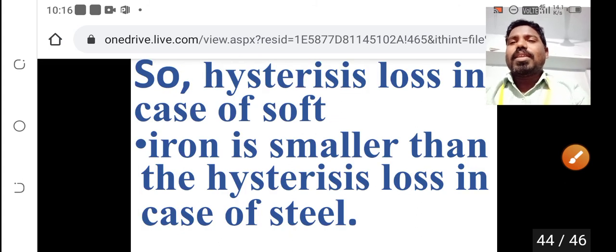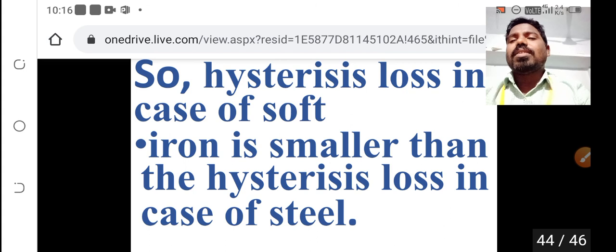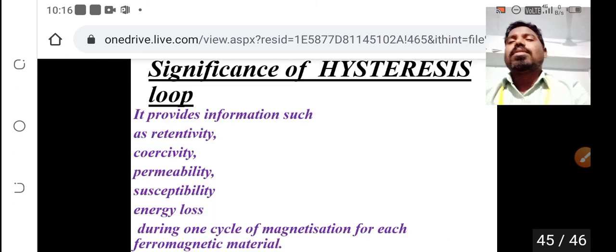So the hysteresis loss in the case of soft iron is smaller than the hysteresis loss in the case of steel. We can conclude that hysteresis loss in soft iron is smaller than in steel.